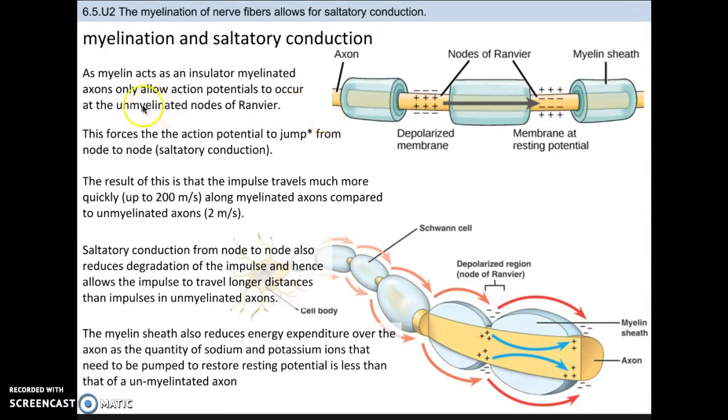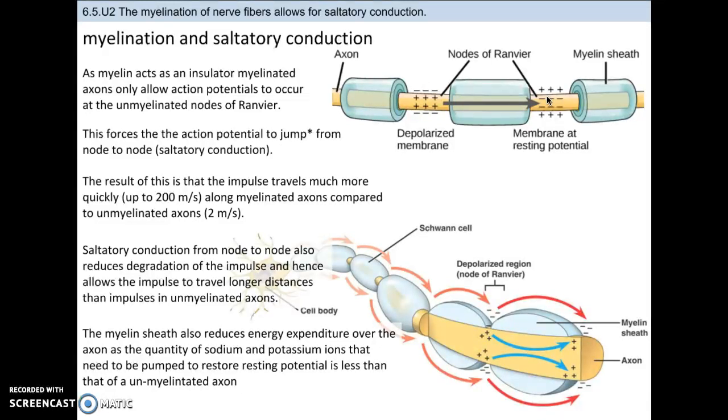Now what happens is the action potential jumps from each node to each node of Ranvier. It's going to jump, and this is what speeds up that process. This is known as saltatory conduction.